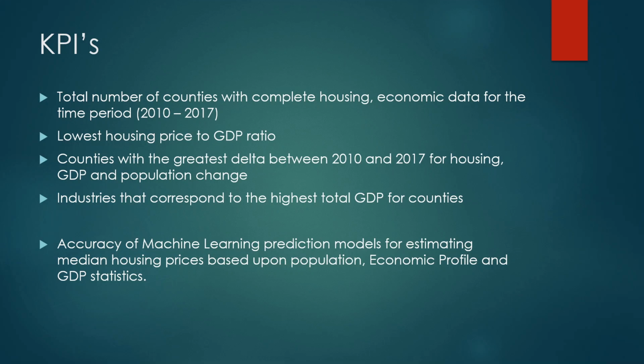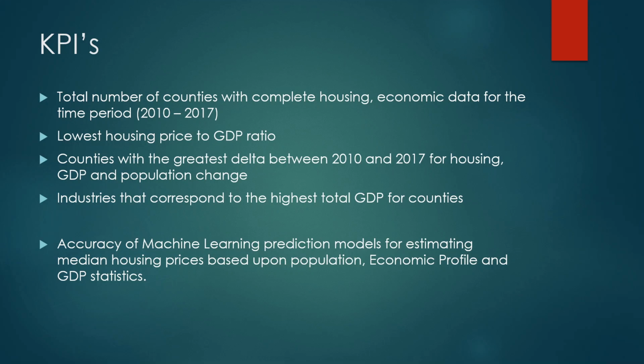I'll also be interested in counties with the greatest delta for 2017 in the following three areas: housing pricing, GDP growth, and population change. Again, this adds context to the report by trying to understand what is actually going on at a national level. I'm interested in industries that correspond to the highest total GDPs for counties.